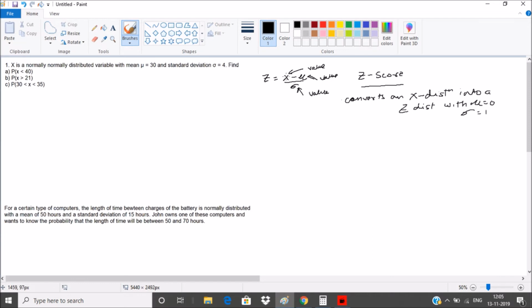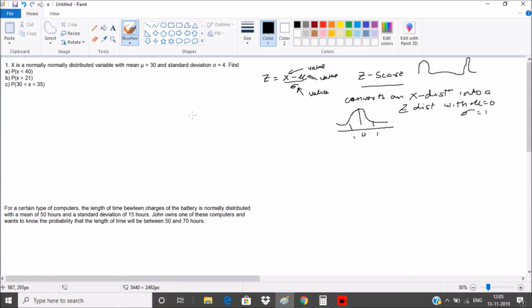So whatever values of mean and sigma we get in the x distribution, which might be a skewed distribution or a kurtosis distribution, whatever is the scenario, it will convert it into a normal distribution, right? With a mean 0 and a standard deviation of 1.